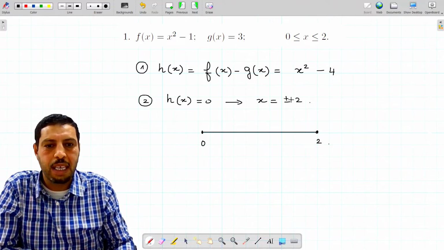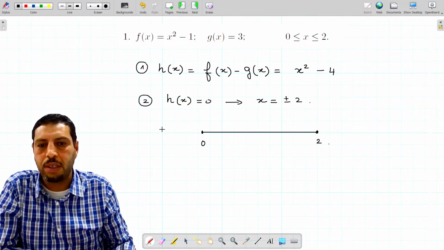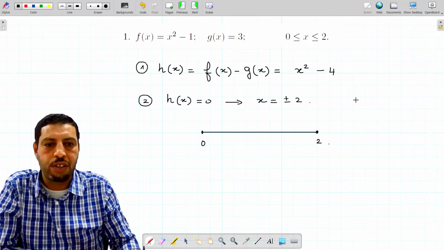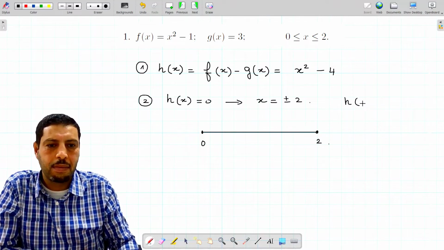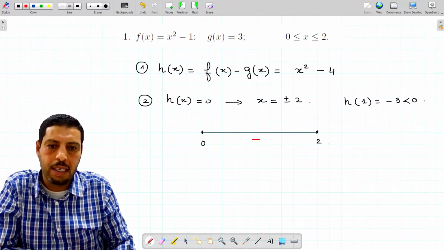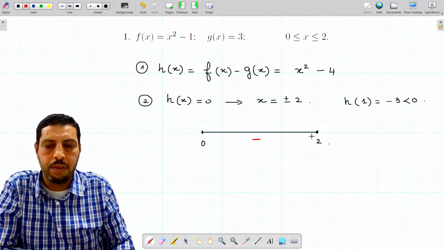And we take the second one, which is 2, and the 2 here is the limit of our interval. Of course, we're going to take a test point to find the sign of h of x. So we will take the point 1, and we compute h of 1. H of 1 in this case is equal to 1 squared minus 4, which is minus 3, which is negative. So we can say that our function is negative on the interval 0, 2.